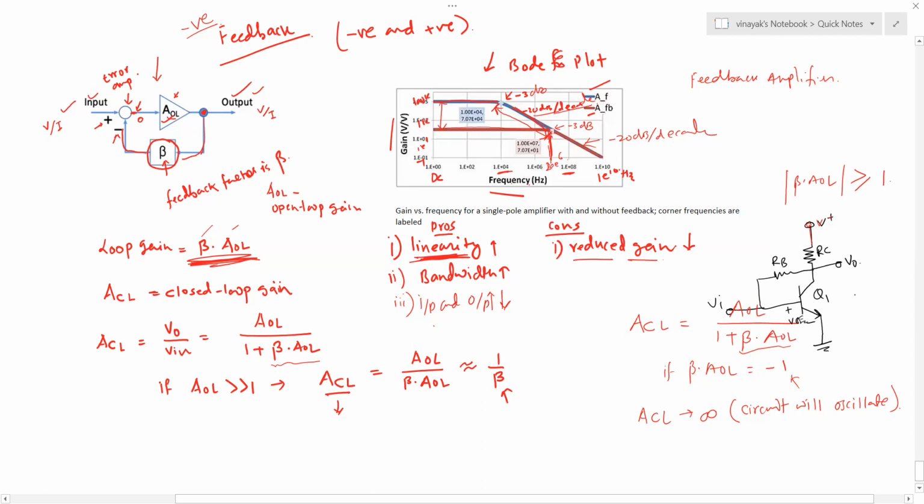Here is the RC, and the gain of this circuit is GM times RC. And you see that this gain is sensitive to the transconductance parameter. If transconductance changes due to, for example, temperature, environmental condition, or manufacturing issues, the voltage gain is different.